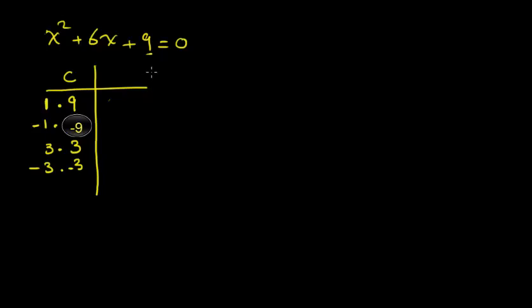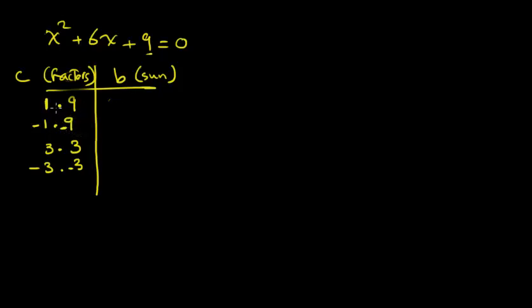And then we need to know the sum of two numbers that is going to give us b. So the b is just going to be the sum, and c is the factors.